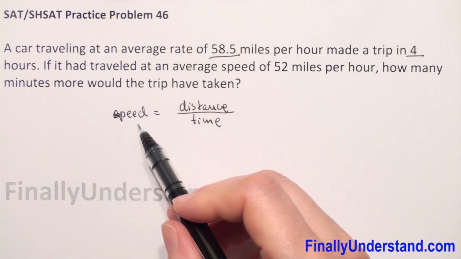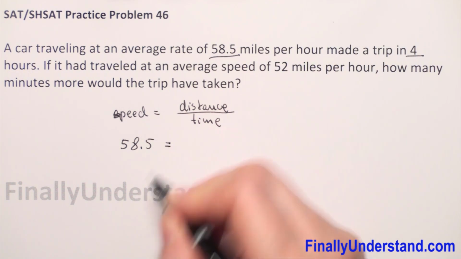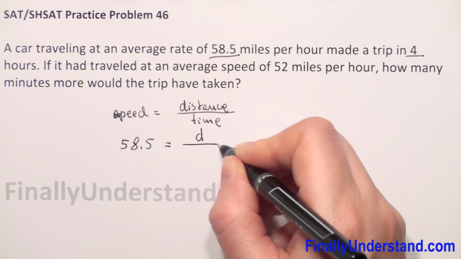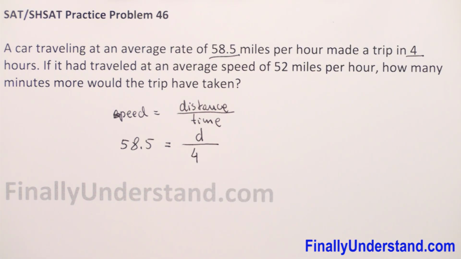We will substitute the speed by 58.5. This is equal to, we have to find the distance, so let me write D, over the time, which is 4 hours.